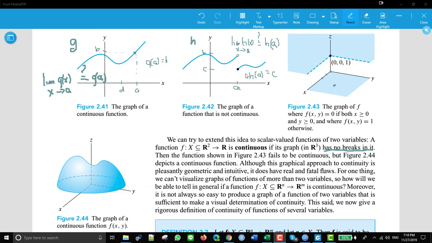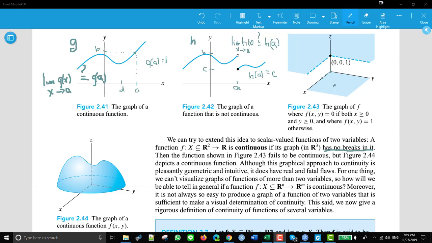So this gives us a clue as to how to define continuity in terms of limits. If the limit doesn't exist, then we're going to say it's not continuous. But even if the limit exists, if it's not equal to the value of the function at a, then we wouldn't say it's continuous.